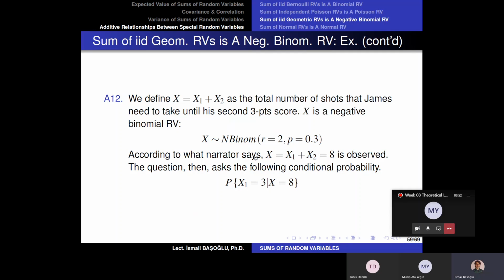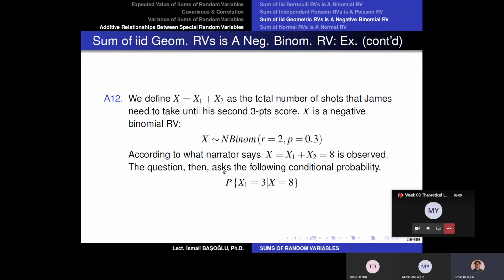So the narrator says that James has scored his second 3-point shot in the 8th trial. Second 3-point shot has been observed in the 8th trial. So we observe that X is equal to 8.